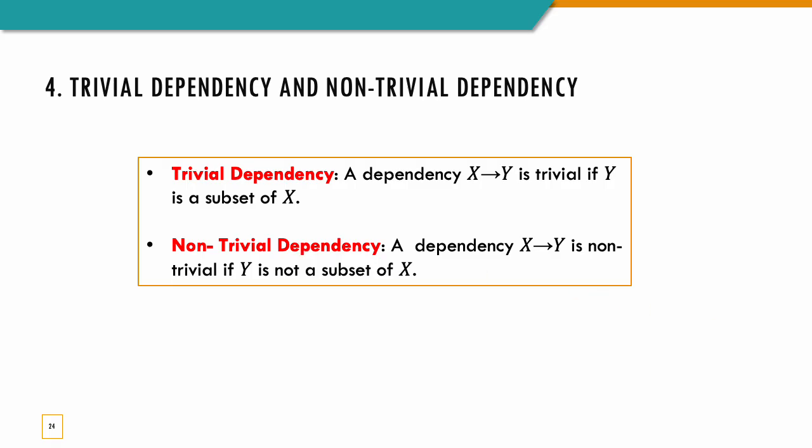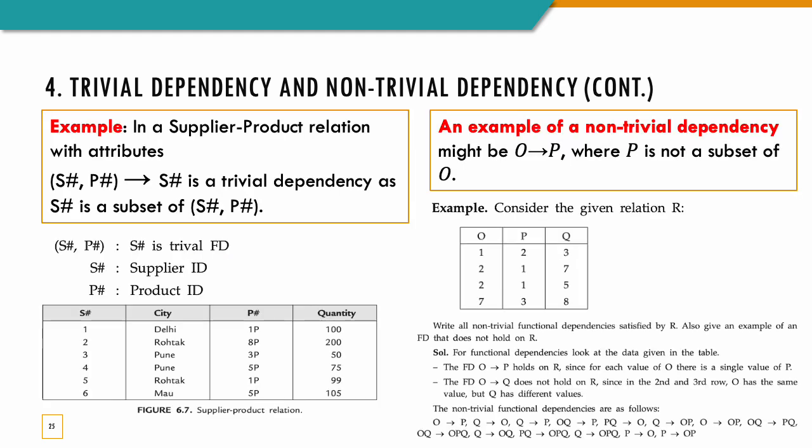Okay, let's take some examples for your better understanding. Remember that a trivial dependency is when an attribute or a set of attributes is functionally dependent on a larger set that includes it.